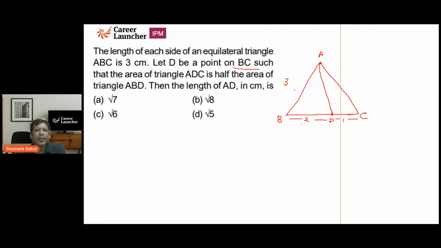The total length is given as 3, and the question asks for the length of AD. The ratio of base is 2:1 and the total length is 3, so I can divide this 3 in the ratio 2:1, giving 2 and 1.